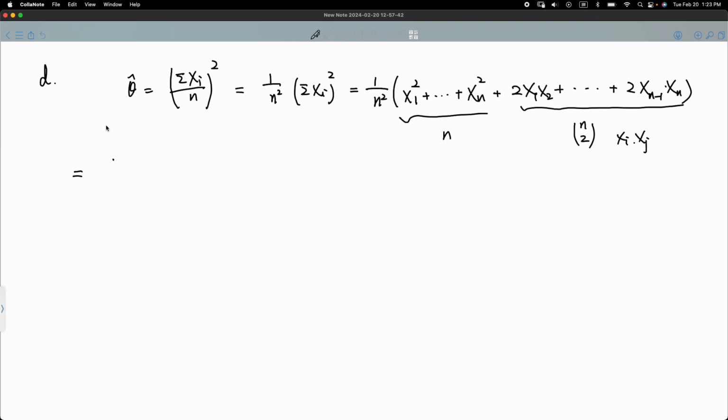Okay, then I think we are ready to evaluate the expected value. And then we want to compare to p square.